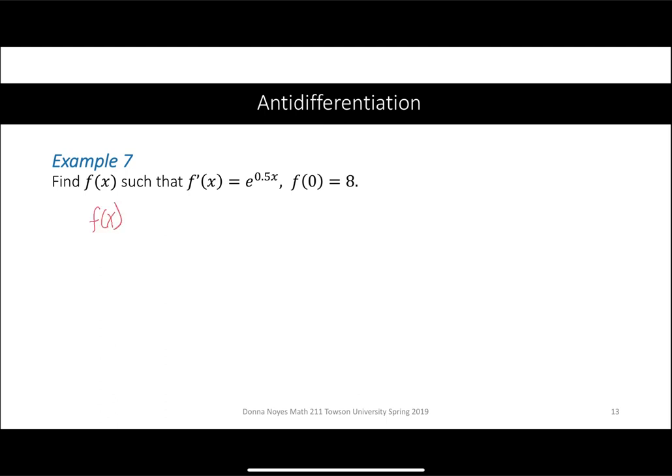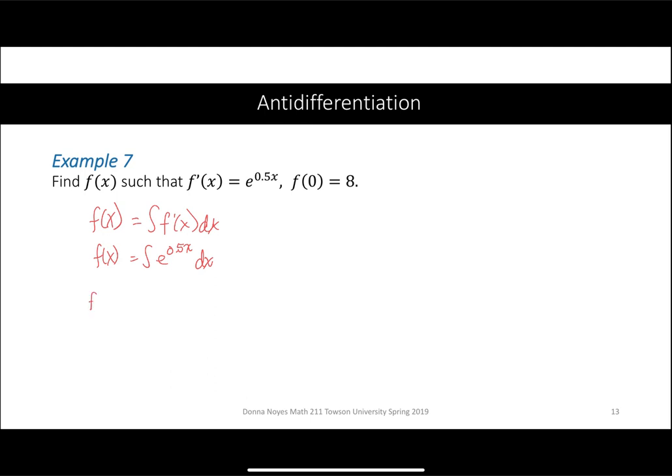Well, we know that f of x is the integral of f prime of x. So we know that f of x then is equal to the integral of e to the 0.5x dx. So this is where we have to employ that exponential formula that said if it's e to the kx, its antiderivative is 1 over k, e to the kx.